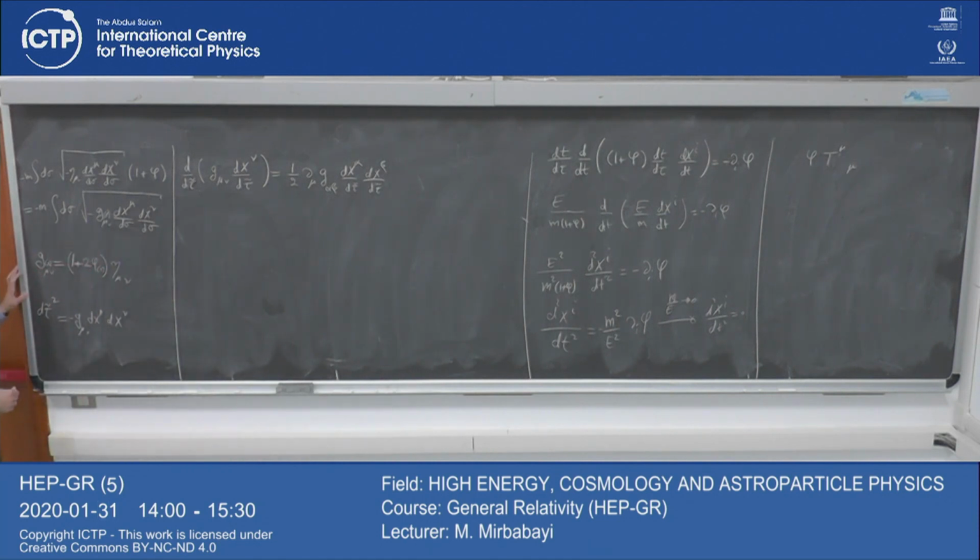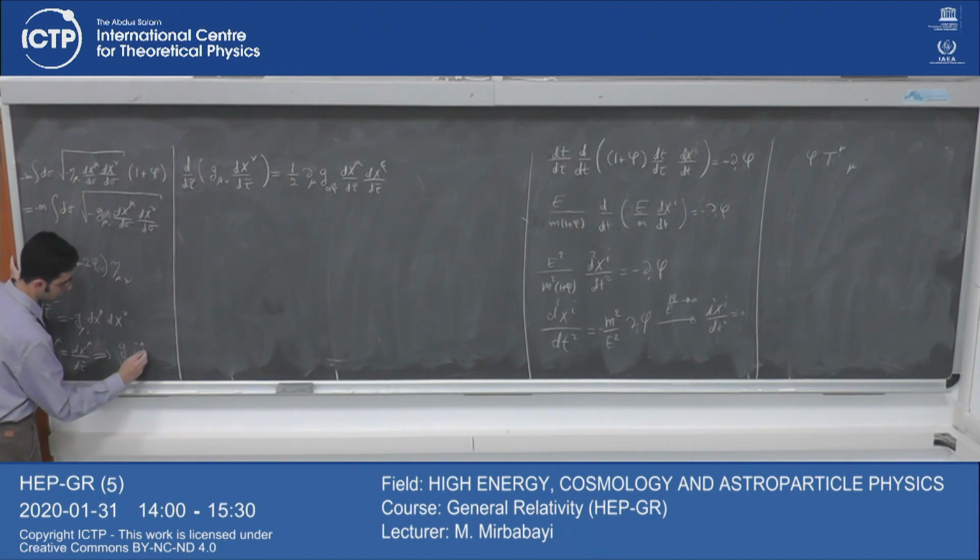Now in here you can see that I can also define a four-vector u mu tilde as dx mu divided by d tau tilde. And then this four-velocity is normalized to 1, but with respect to this metric G mu nu. So now u tilde mu, u tilde nu times G mu nu is equal to -1.